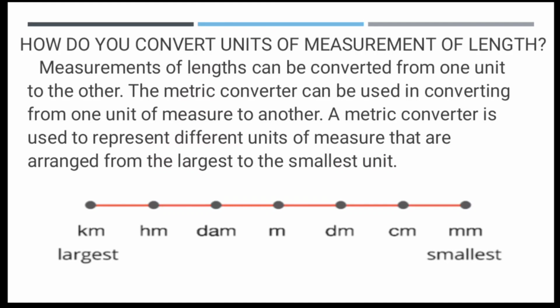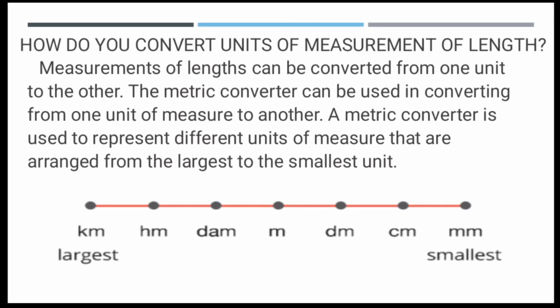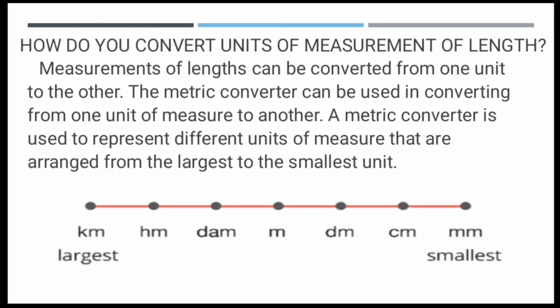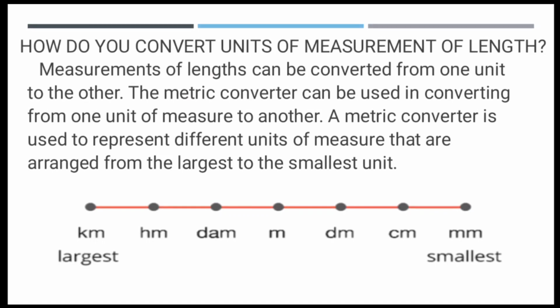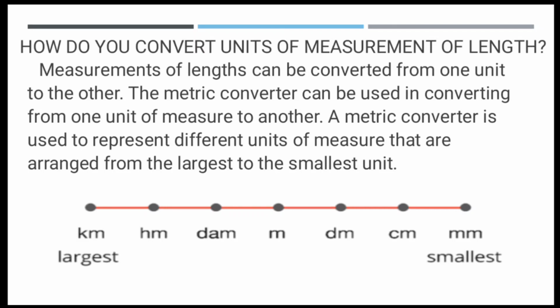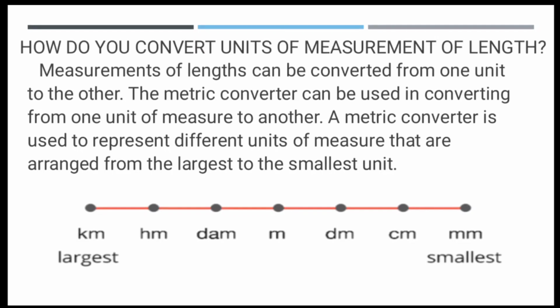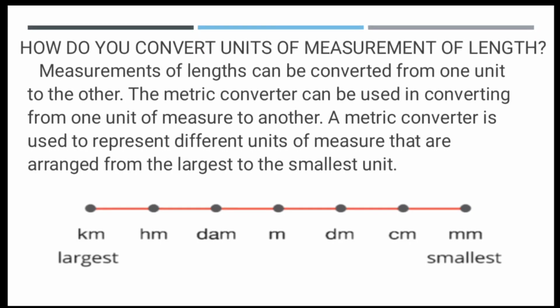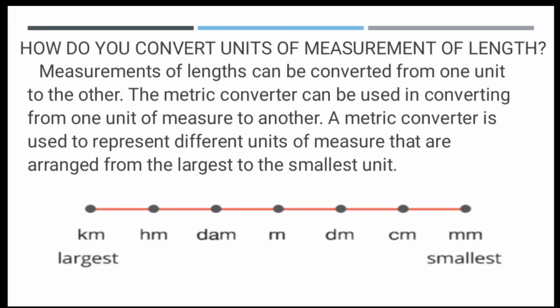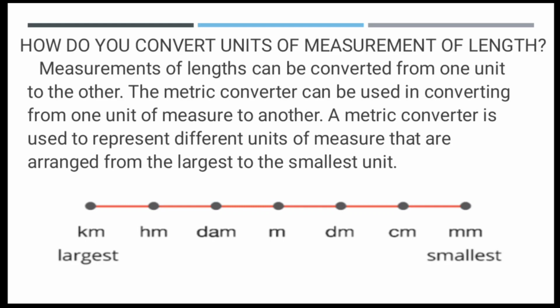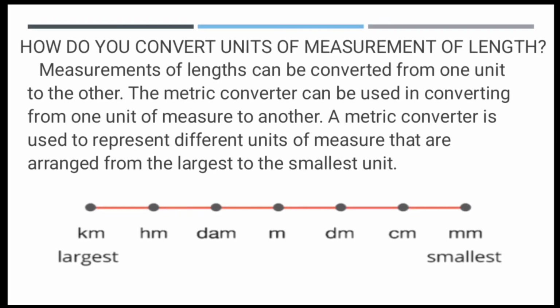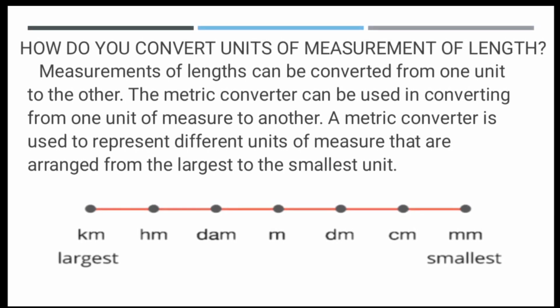Now, how do you convert units of measurement of length? So we will now convert the units of length from one unit to the other. Measurements of length can be converted from one unit to the other. The metric converter can be used in converting from one unit of measure to another.